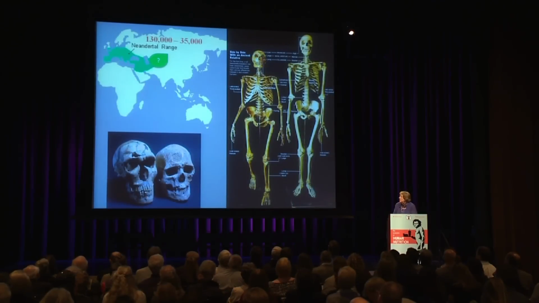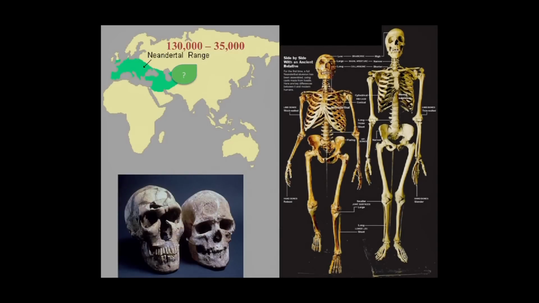And they are somewhat different. They are contemporary with early modern humans, but they are somewhat different in their anatomy. And there's an argument about what this difference is due to.